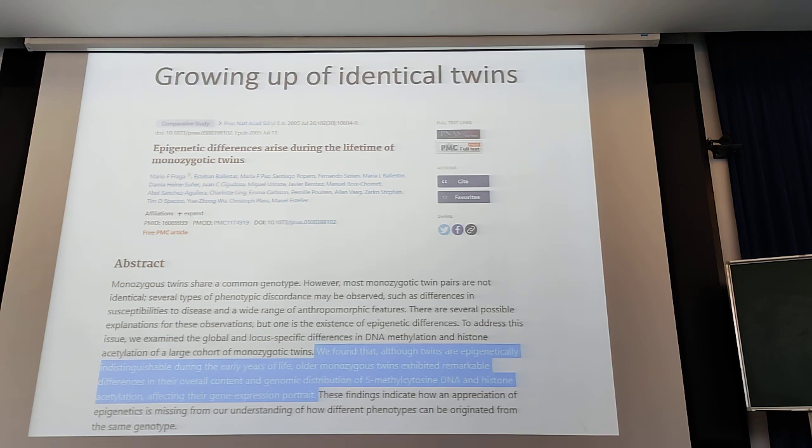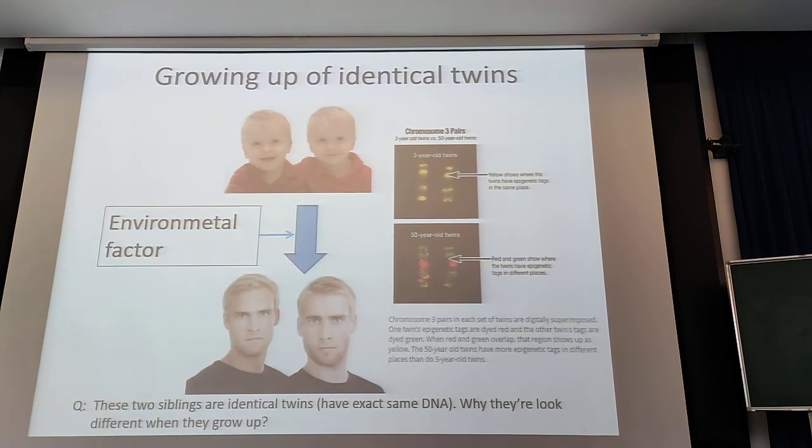That means the older they grow, the more differences in environmental factors can cause differences in the epigenetic markers, which can lead to the differentiation of the two twins.